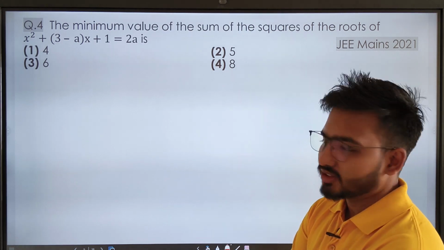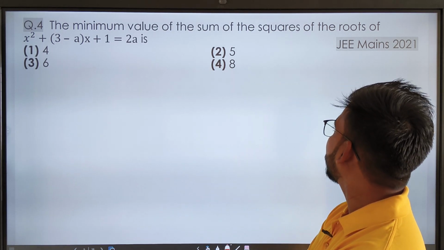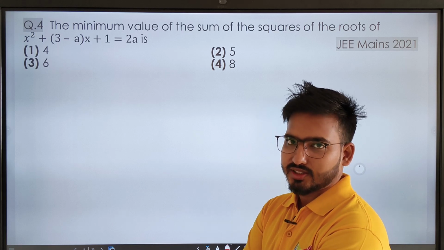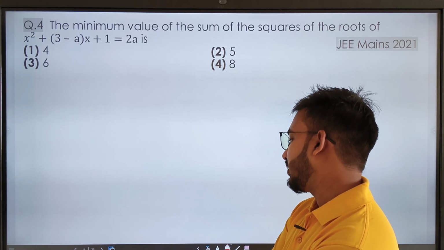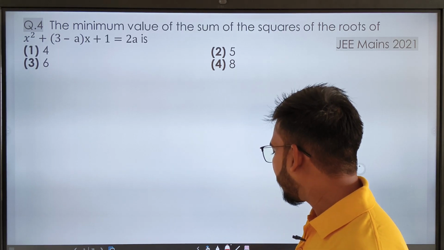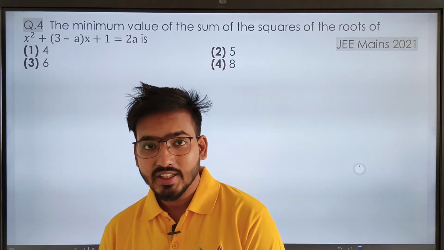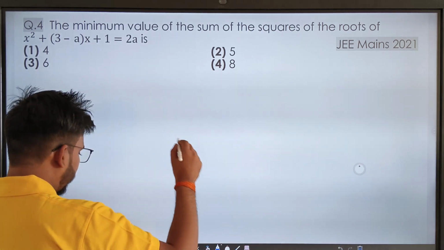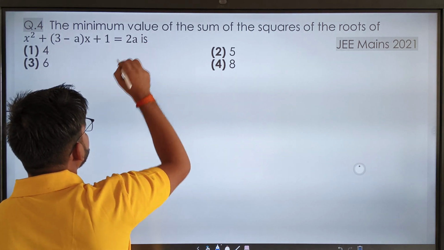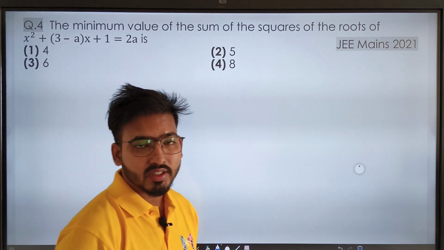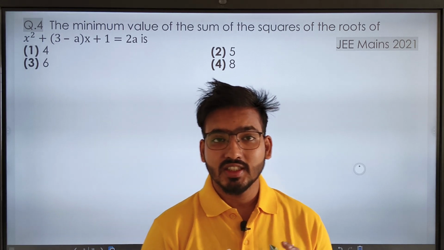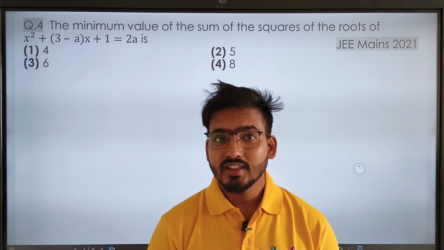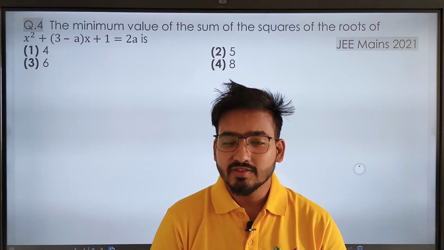This question number 4 is asking for the minimum value of the sum of the squares of the roots. So if roots are alpha and beta, first thing first, we should always observe if any quadratic equation is given, we should write it in its standard form.